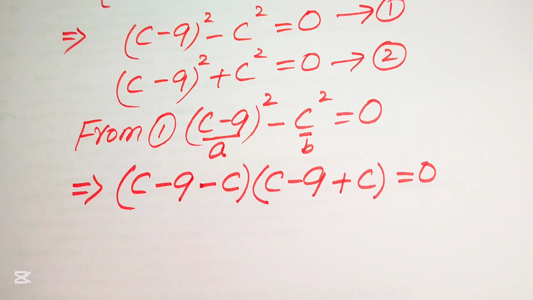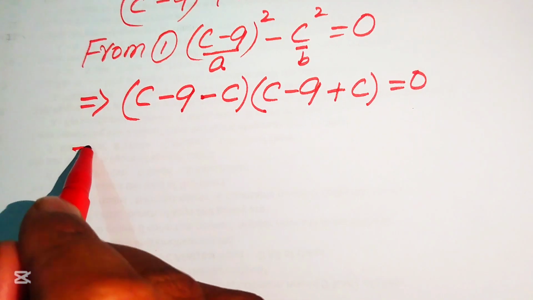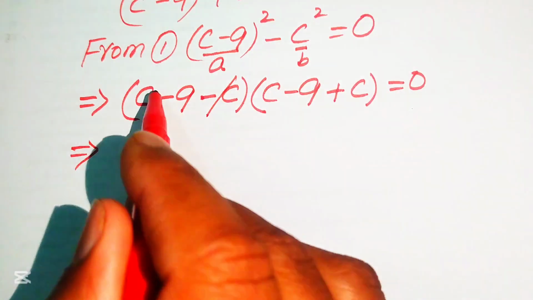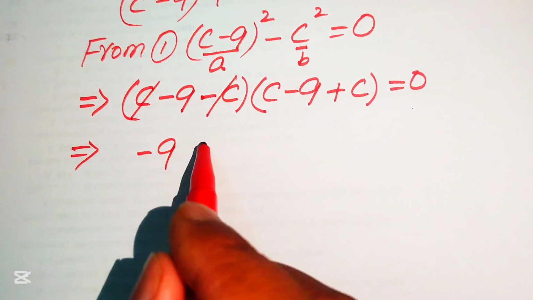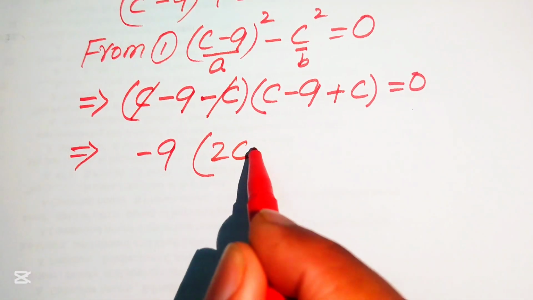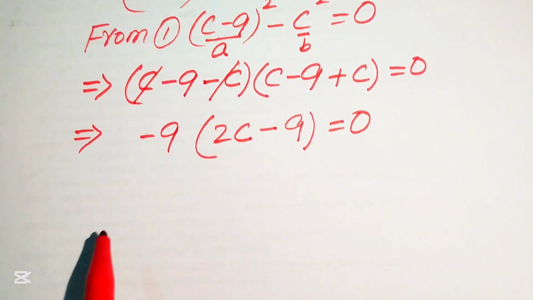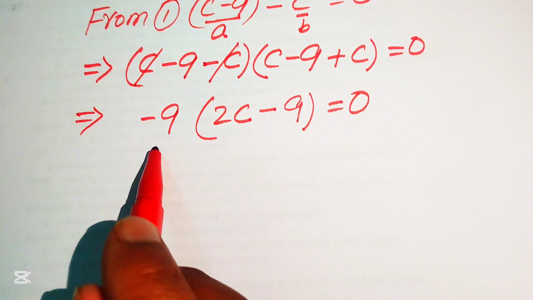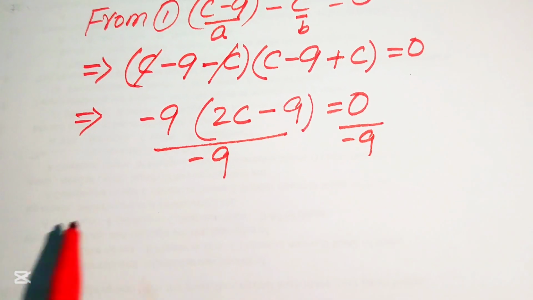In the next step we need some simplifications. Minus c and plus c are cancelled by each other, and here we have minus 9, and c plus c becomes 2c, minus 9, equals to 0. Now we move this minus 9 to the right hand side, or in other words we divide both of the sides by minus 9.